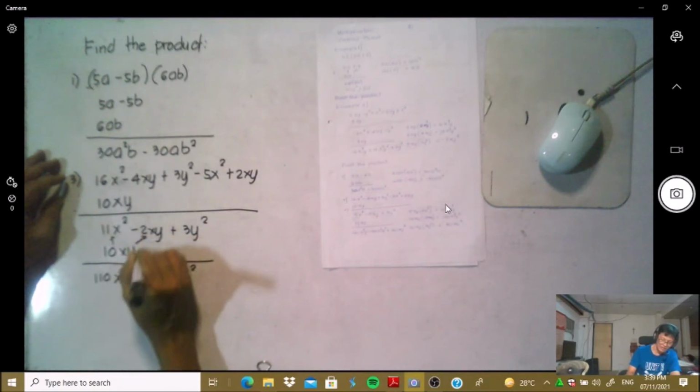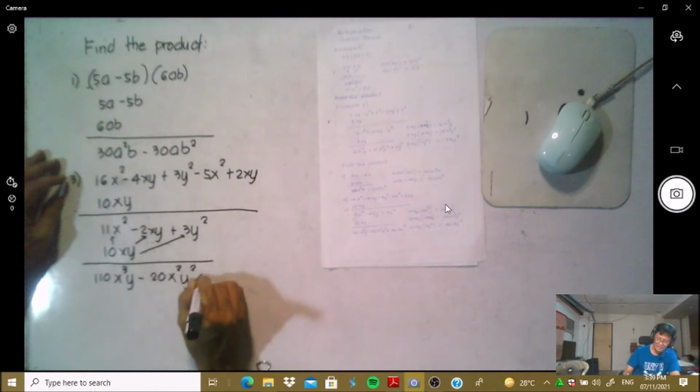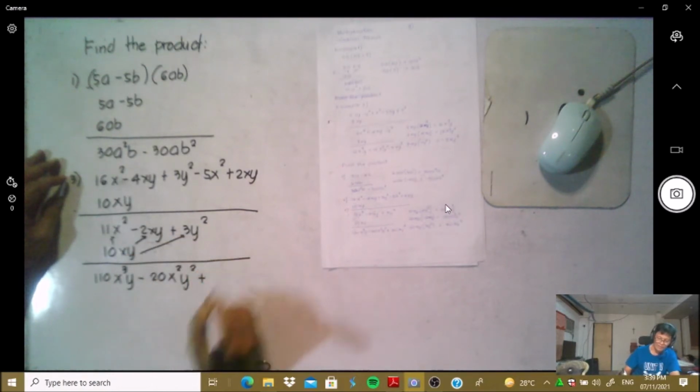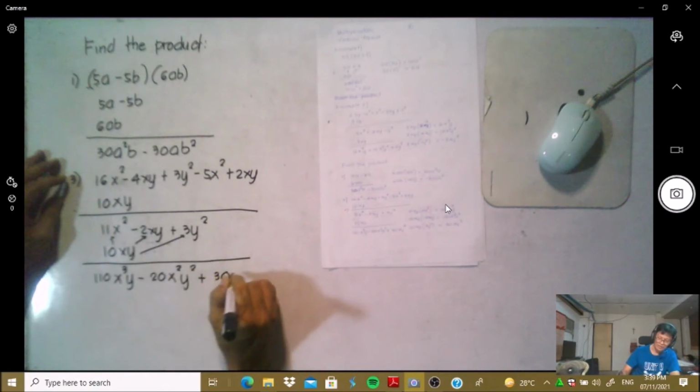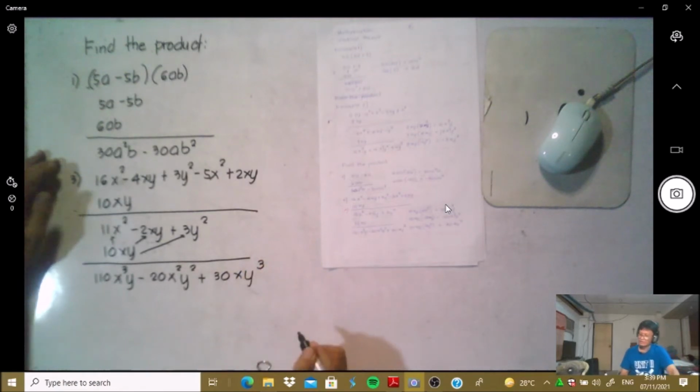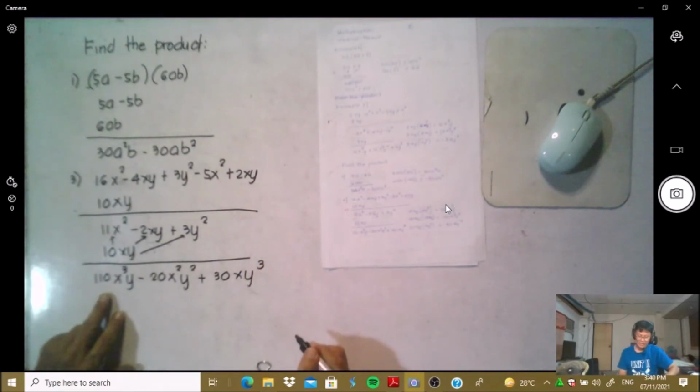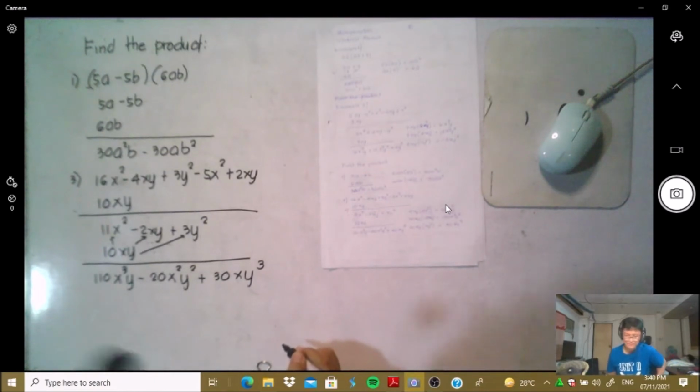Okay. Then last, we have plus 10 times 3 is equal to 30. Then we have x y cubed. Okay. So we have 110x cubed y minus 20x squared y squared plus 30 x y cubed.